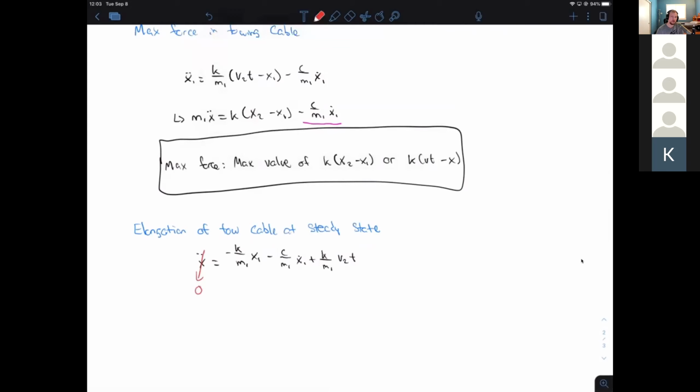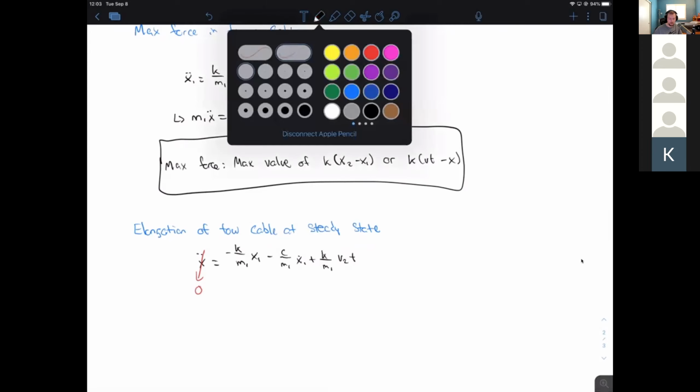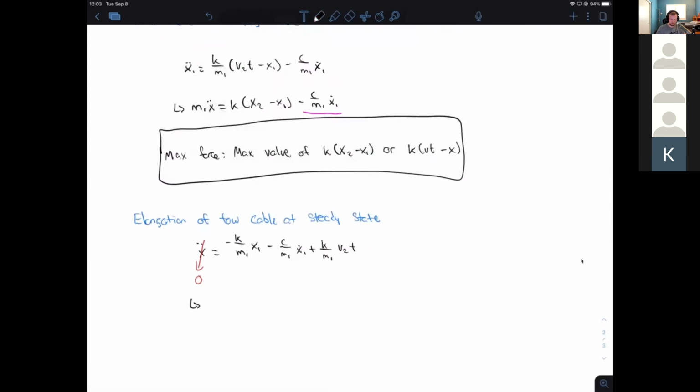And then I can multiply through for this equation by m1, so m1 is going to go away. So we can write it as 0 equals minus k x1 minus c x dot 1 plus k v2 times t.